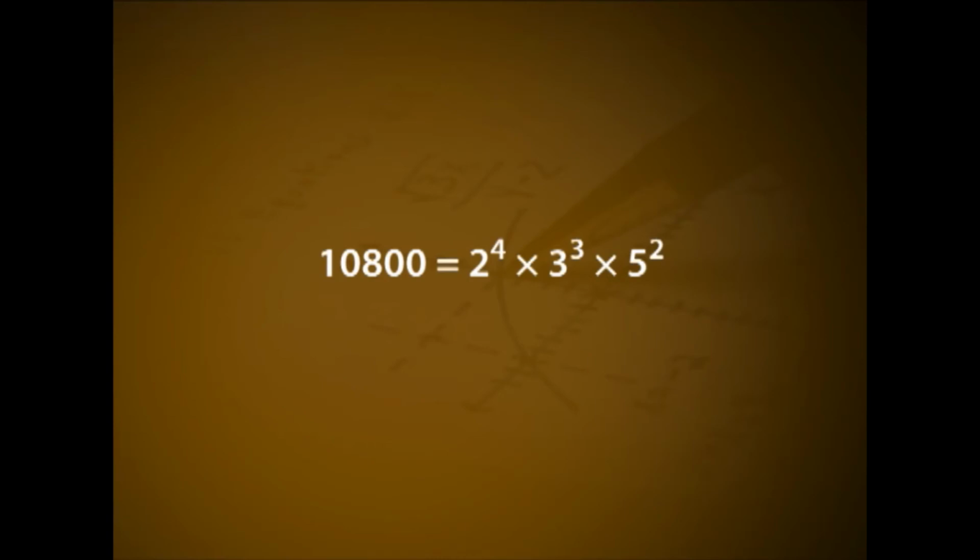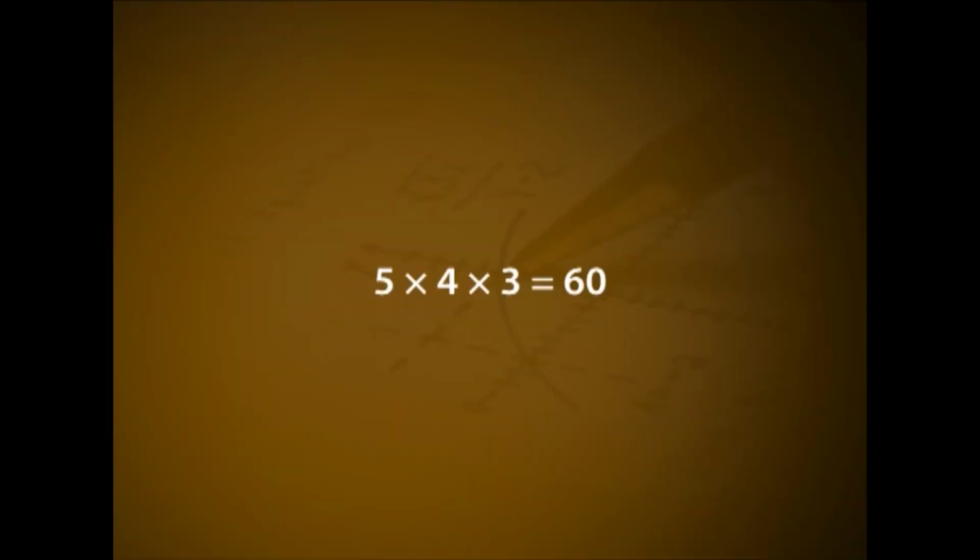Example, suppose the number of different divisors of 10,800 is to be found out. First, the number is written as 10,800 equals 2 raised to 4 into 3 cubed into 5 squared as a product of prime numbers. Any selection which may include none also of these primes and their product would give a divisor of 10,800.